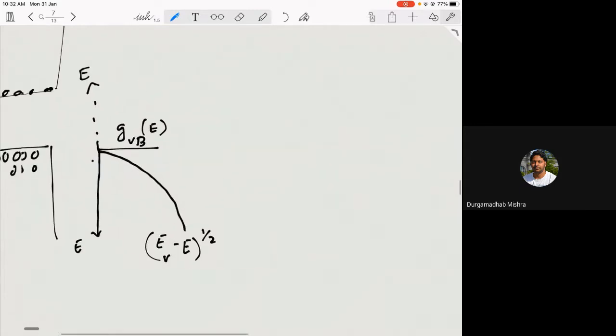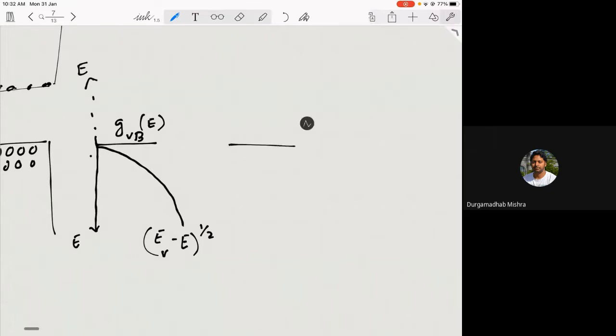So what is f(E) here? This is a little bit different. In case of holes, we don't say the distribution is f(E), rather we say the distribution is 1 minus f(E), because holes represent empty electron states. The maximum probability of occupation is always 1.